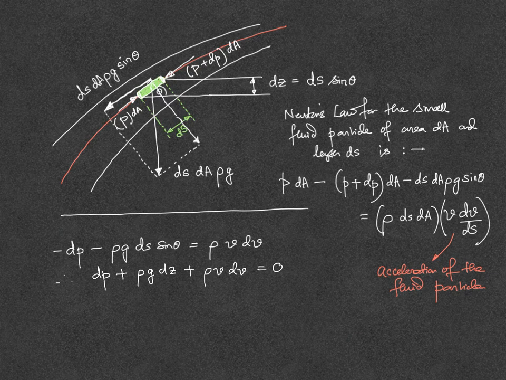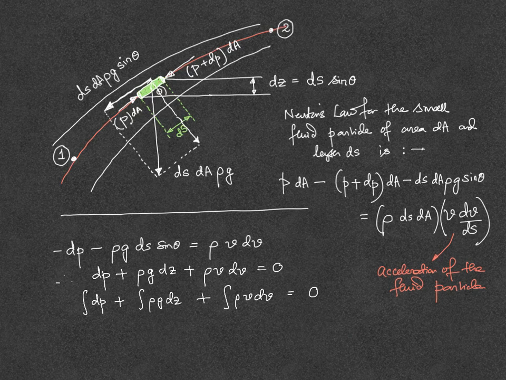Now we'll integrate, because we have chosen two points on the same streamline on which we have considered the small fluid particle, points 1 and 2. So we'll integrate: integration of dP plus integration of rho g dz plus integration of rho v dv is equal to 0.